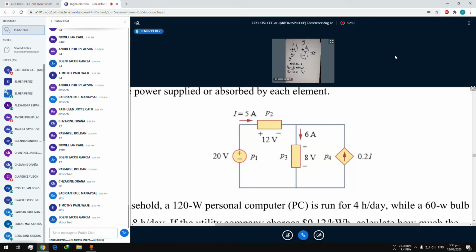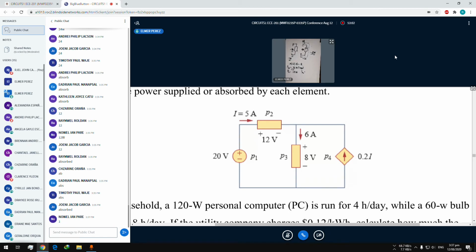So, that's 0.2 times i or 0.2 times 5. So, that's 1 ampere. Symbol niya kasi is a current source. So, yung current dito is 1 ampere.